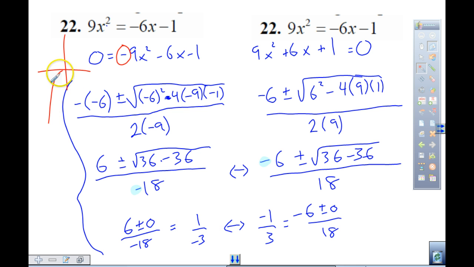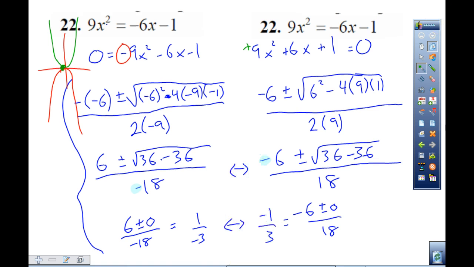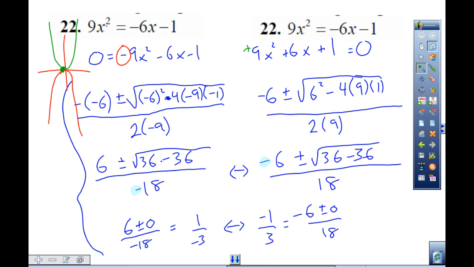This one's opening down. The vertex is at negative 1/3. And this one over here, that's positive, so that's opening up. So these parabolas are actually like mirror images of one another. One's opening up, one's opening down, but they do have the exact same x-intercept. All right. Good problem, has a lot of good review in there.